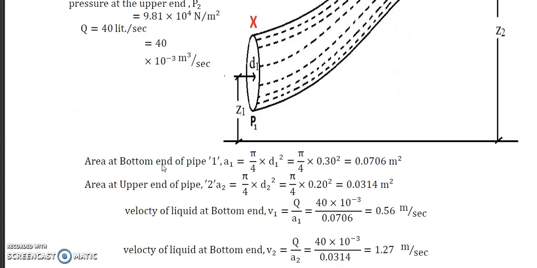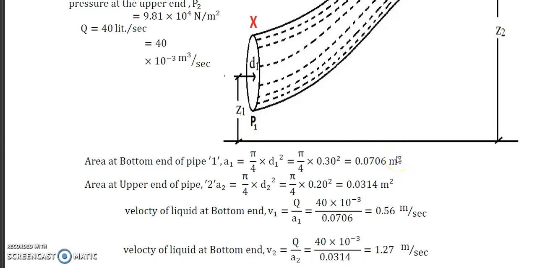Then both end areas you have to calculate. So area at the bottom end of this pipe A1 is equal to pi by 4 d1 square, that is pi by 4 into 0.30 square, that will come 0.0706 meter square.